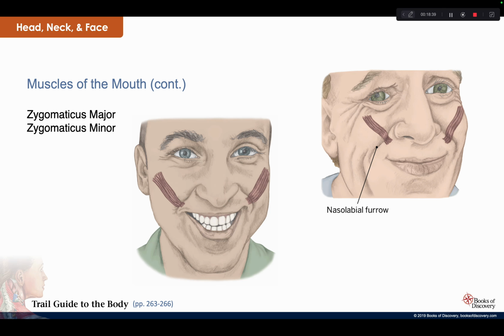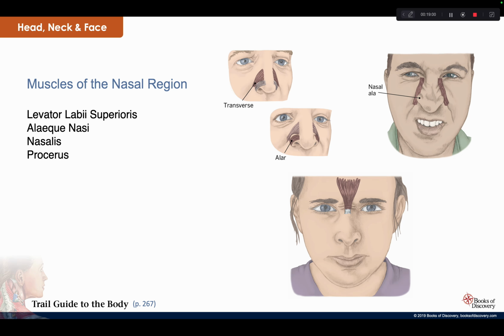Okay, muscles of the mouth. These are some smiling muscles. So zygomaticus major and zygomaticus minor. These are going to bring the corners of the mouth up to form that smile. Now we have some nasal muscles.